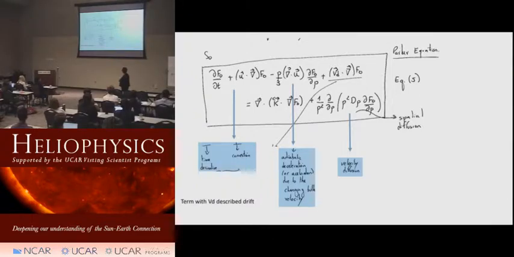Okay, this is a change. So instead of glazing over those terms, when you see del F, del P, you're changing energy. You're changing momentum. You're taking a particle in a certain energy channel and boosting it to a higher energy. Okay? So this term tells you that this is the acceleration term. Then you have drifts. Drifts come from gradients, gradients in magnetic fields, okay? And we're not going to go through drifts here, but they can affect the distribution function.